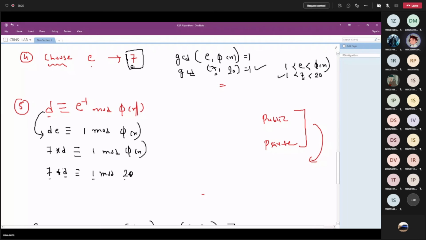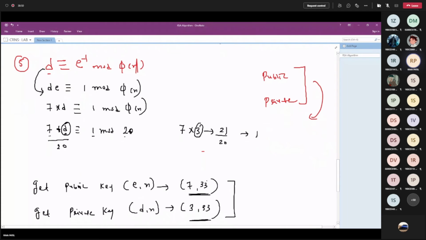Yes, ma'am. So calculate the value of D in such a way that 7 into D, if divided by 20, the remainder should be 1. 3, ma'am. Okay. So yes, 7 into 3 is 21, divided by 20 you'll get the remainder 1. So the value of D is 3.